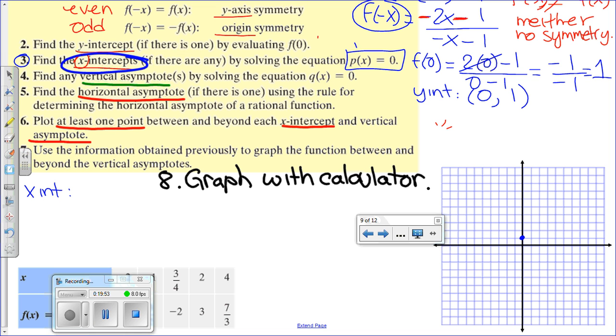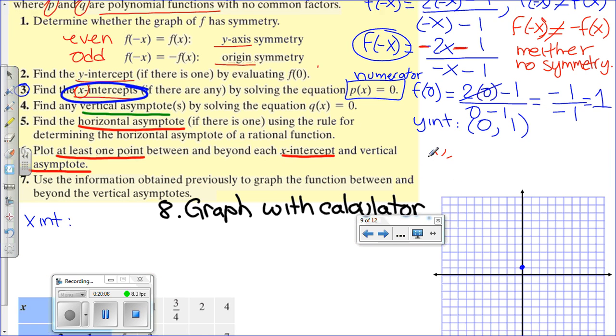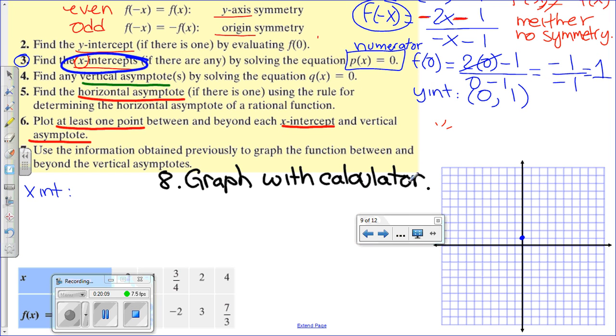So remember, this refers to the numerator. So in this case, the numerator is 2x minus 1. So we take 2x minus 1 equal to 0 and solve for x. So negative 1, move it across, turns into positive 1. The 2 is multiplying the x, so what we need to do is divide by 2. So x is equal to 1 half. And so that will become our x-intercept, 1 half comma 0. So that point will be somewhere here.